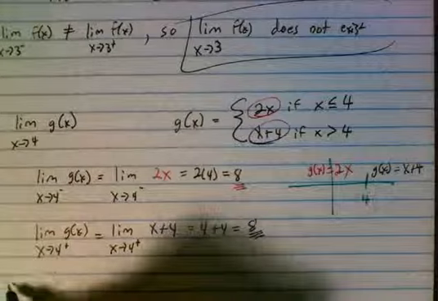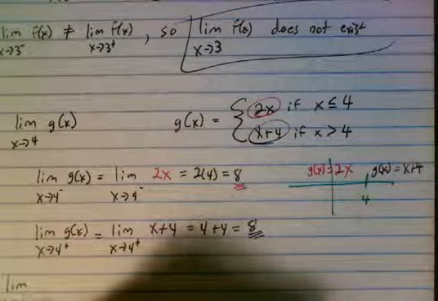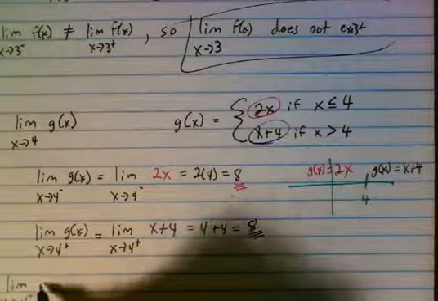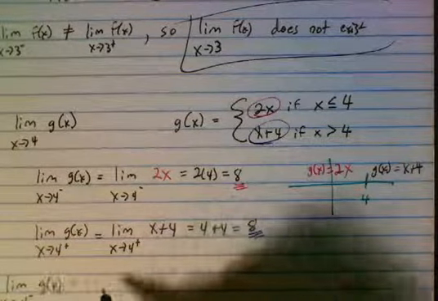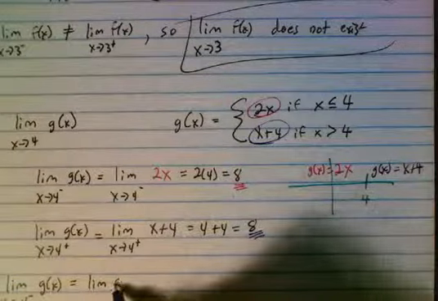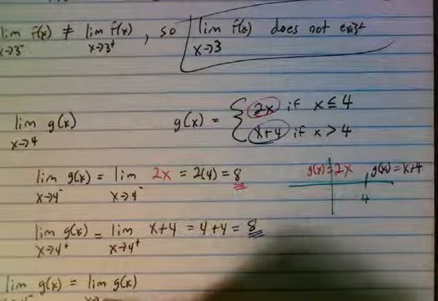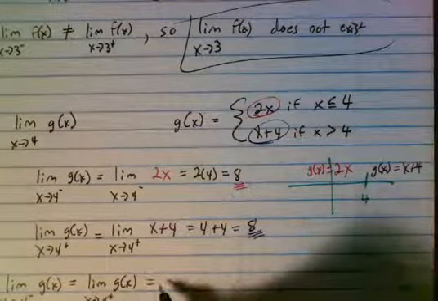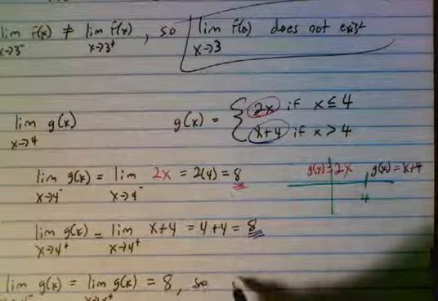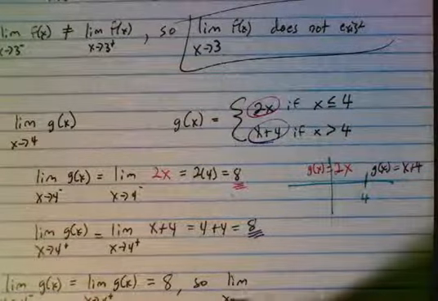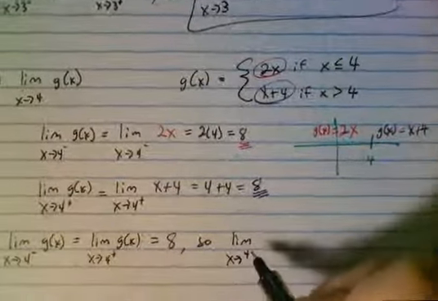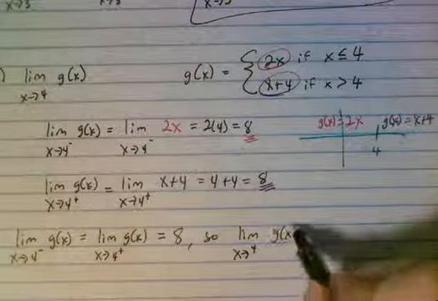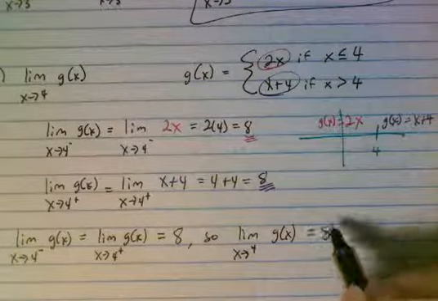Notice in this case, the limit as x approaches 4 from the left is the same as the limit as x approaches 4 from the right, and they both equal 8. So the limit overall as x approaches 4 is 8.